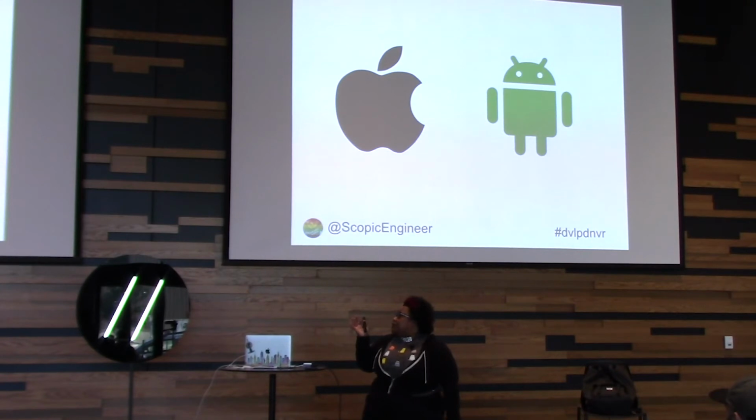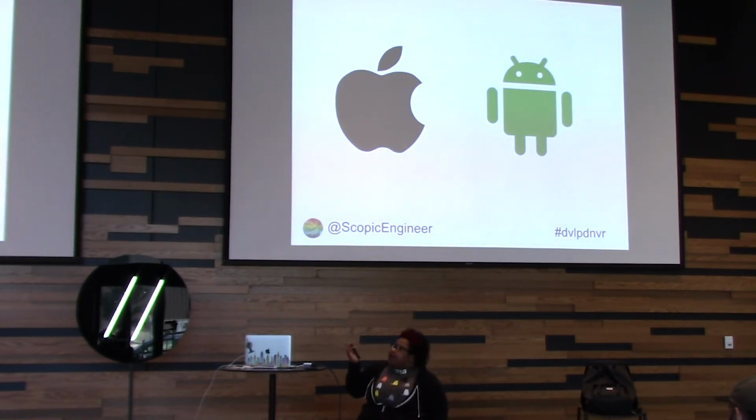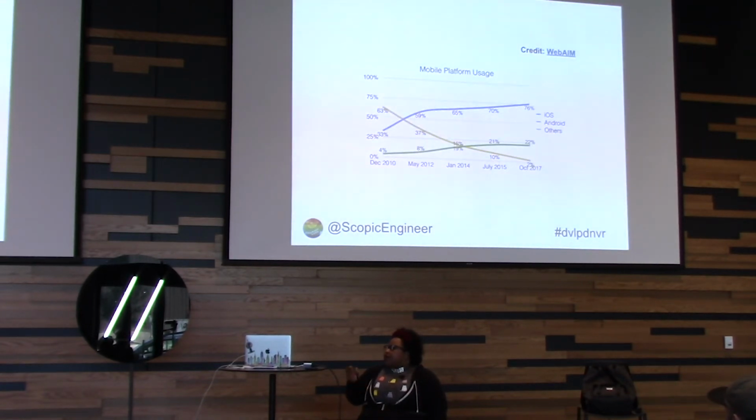I know there are other makers of mobile devices, but I'm focusing on iOS and Android for today's presentation, mainly because, as you'll see in this next slide, again going back to the AIM poll, when it comes to platform use, iOS is by far the most used mobile platform among users with disabilities.